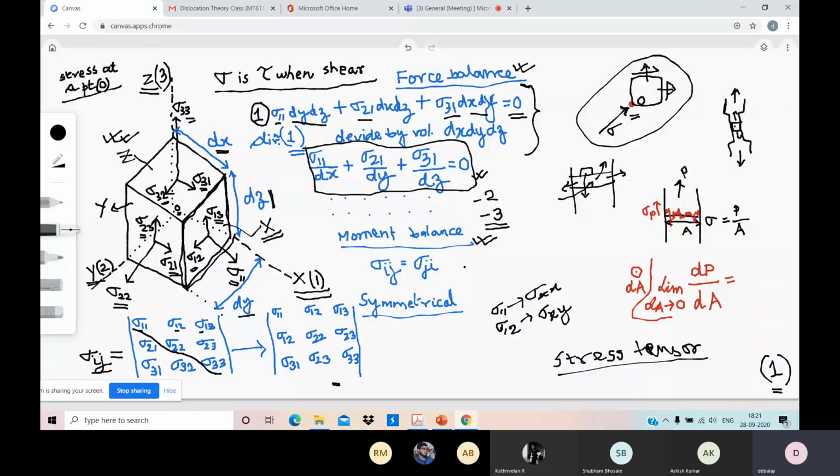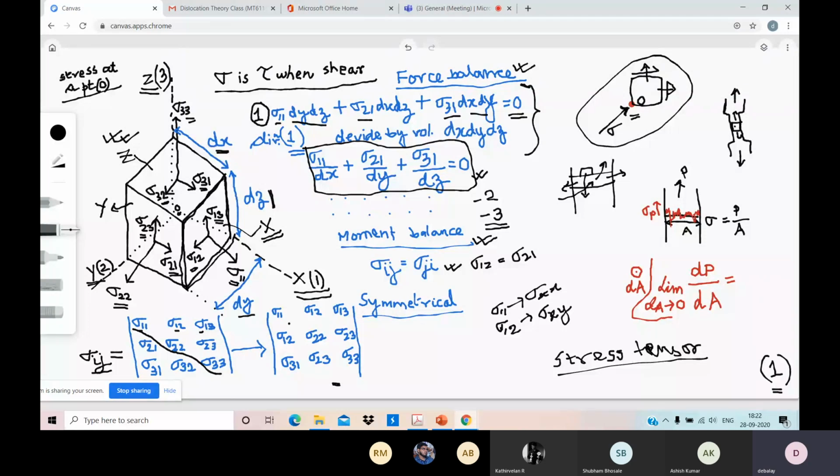You may do this moment balance as part of your exercise. The answer that we get is sigma ij equal to sigma ji. That means sigma 1 2 is equal to sigma 2 1. Similarly, we will get sigma 1 3 equal to sigma 3 1 and sigma 2 3 equal to sigma 3 2.